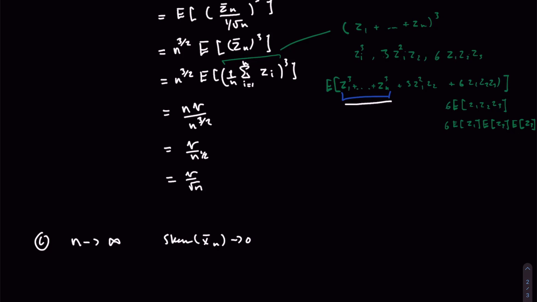Because you have a large number here dividing gamma. So that is what will happen as we gather more samples. We get a more normally distributed distribution. Okay, so that concludes this exercise.